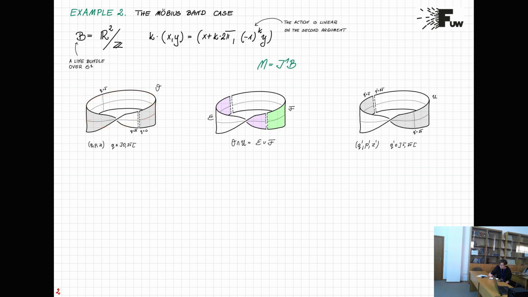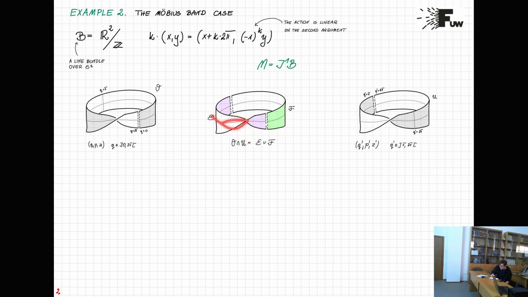And the second variable is, of course, just r. And the second chart we obtained cutting the Möbius strip in a different place. And then we will be looking at coordinate changing in the intersection of those two charts. So what is the interesting thing about the intersection is that the intersection is composed of two disjoint parts.